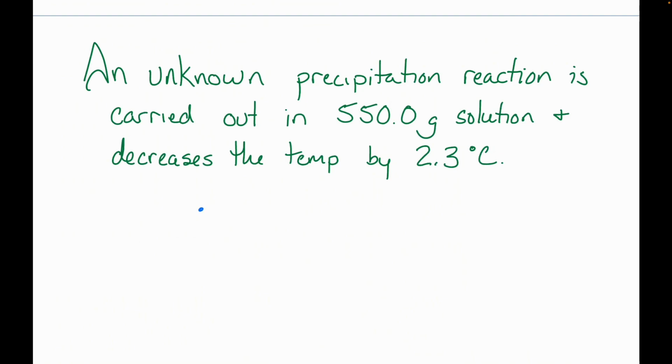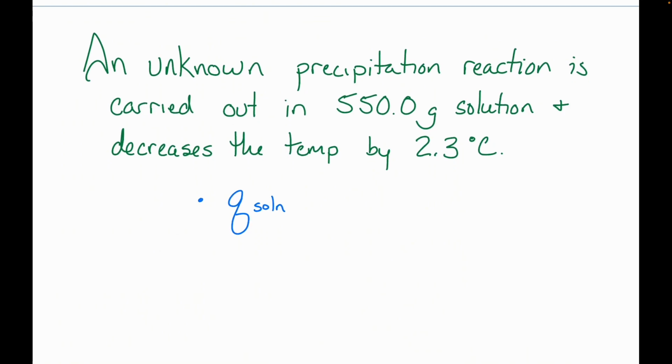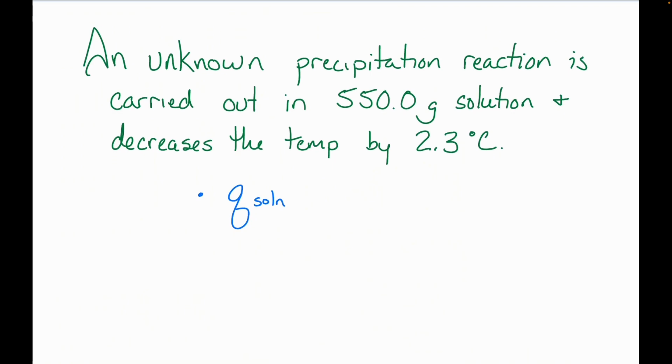All right, so step 1, tell me what the Q of that solution is. Once we have that Q solution, we can figure out the amount of heat that was absorbed or released by our reaction. All right, so using that calorimetry formula, tell me what the Q of our solution is.